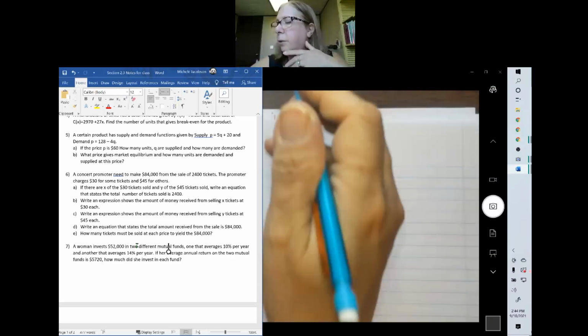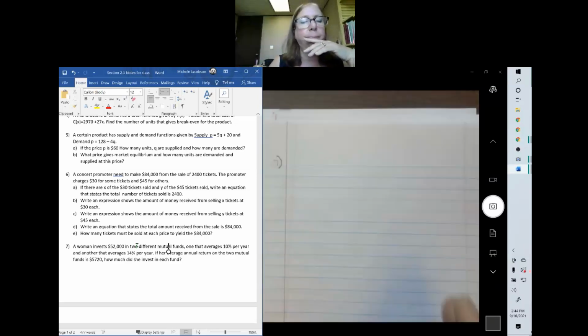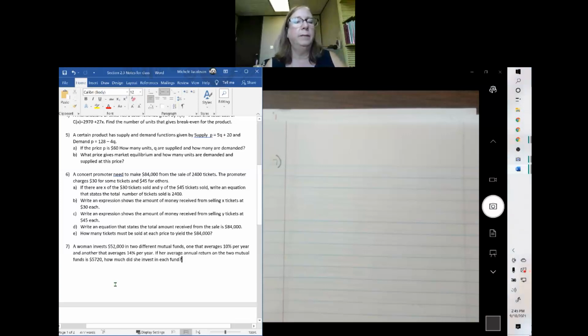Number 7 is very similar, only it's using an interest rate. A woman invests $15,000 in 2 different mutual funds. One that averages 10% and another is 14%.